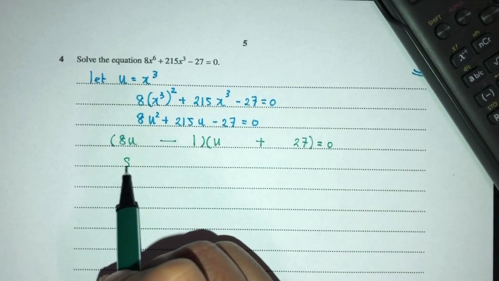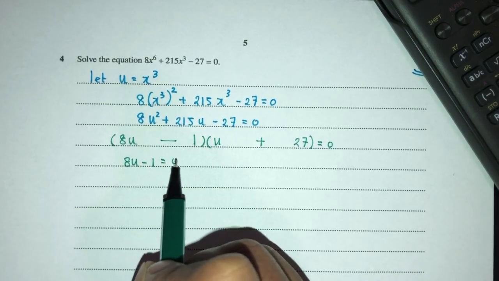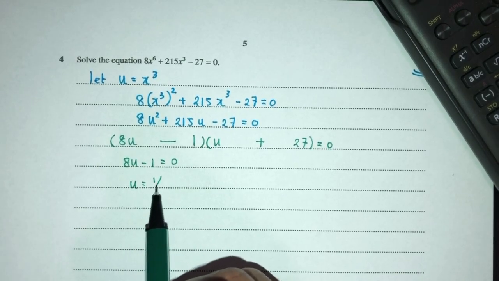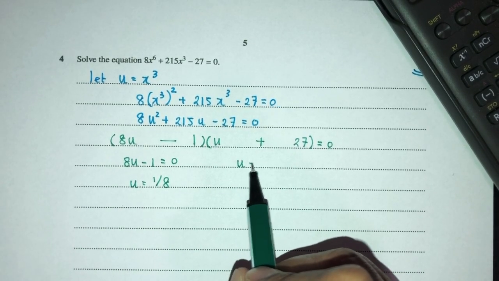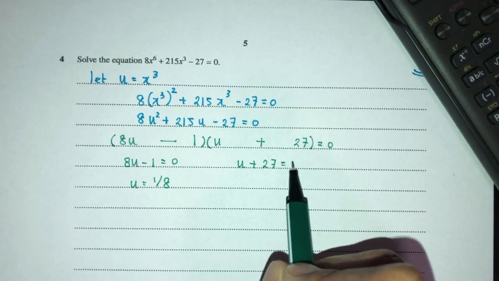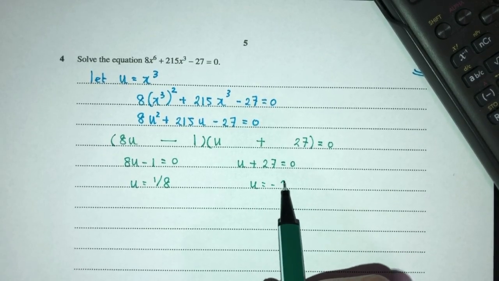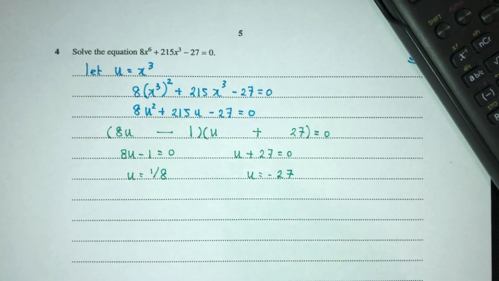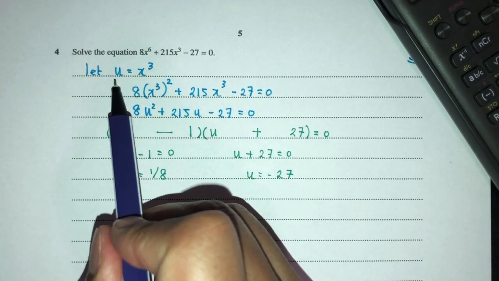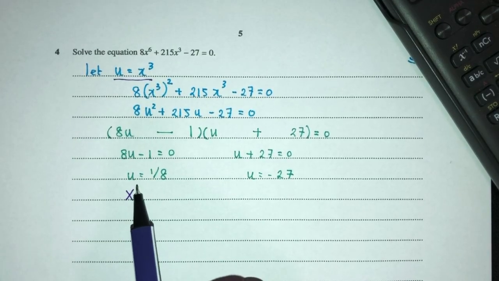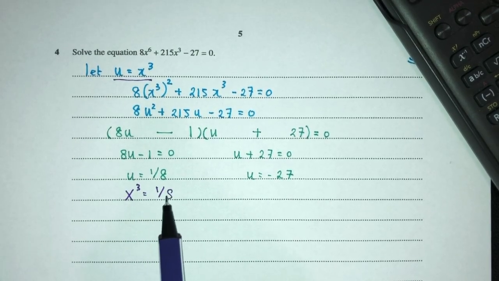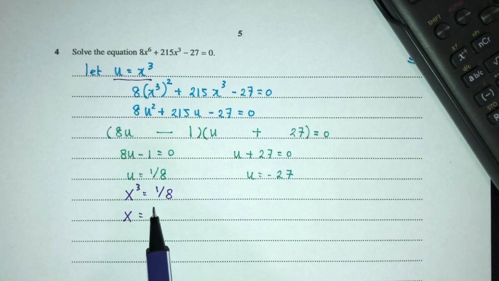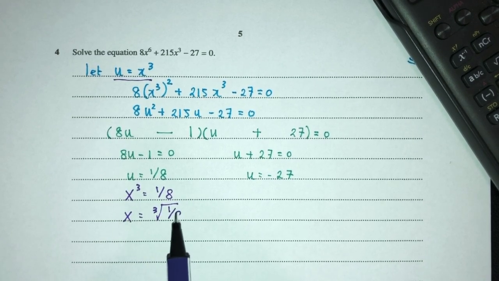Finally, 8u minus 1 is equal to 0, so u will be the value of 1 over 8. u plus 27 is 0, so u is a value of minus 27. But of course, we don't care about the value of u here, we want to find the values of x. So replace back in here. x cubed is 1 over 8, therefore x will be cubic root of 1 over 8.